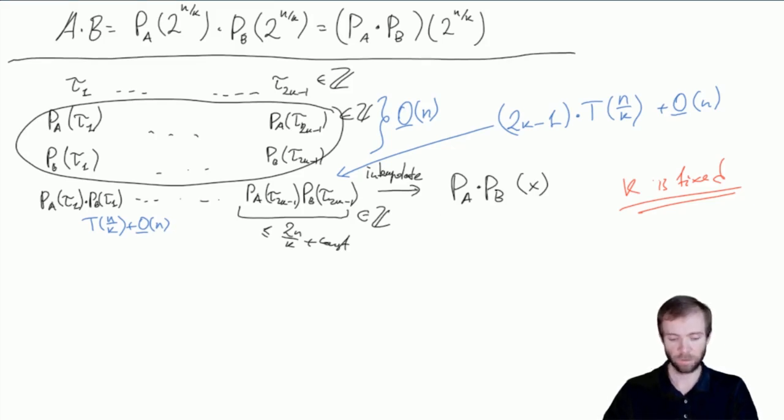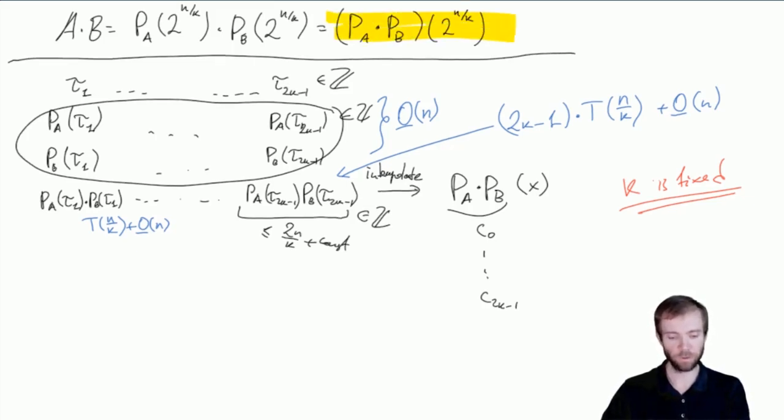Now, after we have computed all the coefficients of this polynomial, let them be c0 through c 2k minus 1, the last thing that we need to do is to multiply each of the coefficients by 2 to the power of n over k, and multiplying by a power of 2 essentially means shifting these binary numbers.